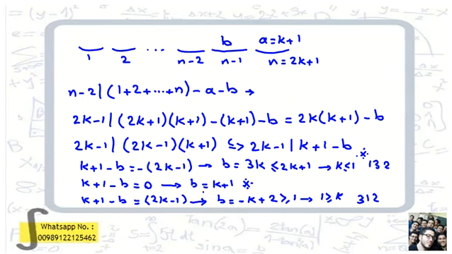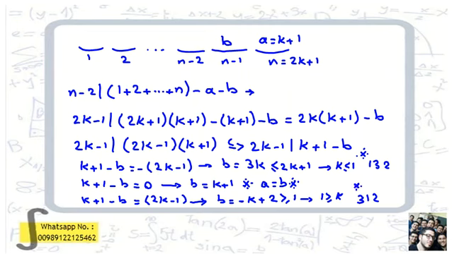Let's consider this case. In this case, we can conclude b equals k plus 1, but from here a equals b, and we reach a contradiction, okay? And in this case, k plus 1 minus b equals 2k minus 1. So from this case, we can conclude b equals k plus 1 minus this, which would be minus k plus 2. And we know that it must be greater than or equal to 1, so we conclude that k is less than or equal to 1.